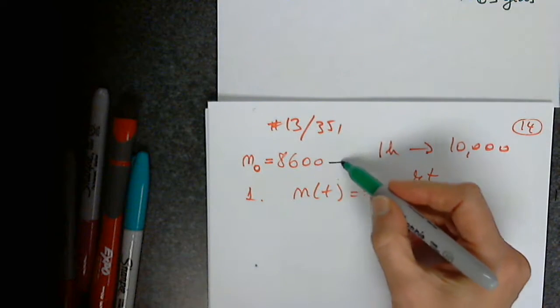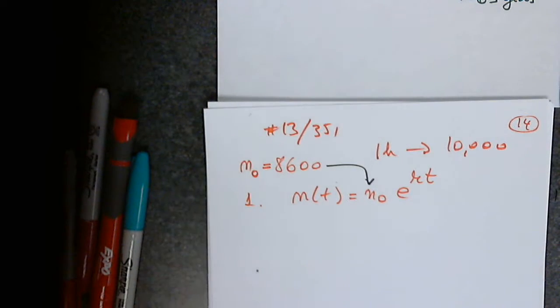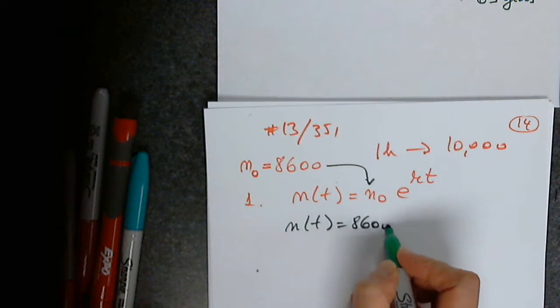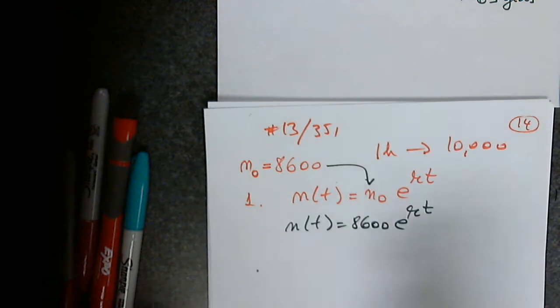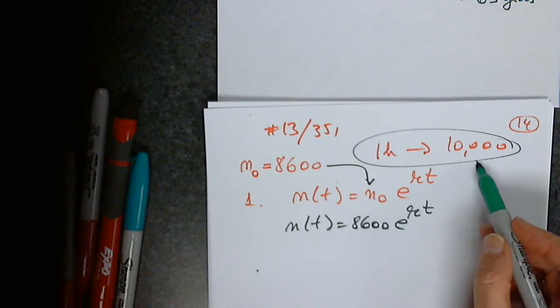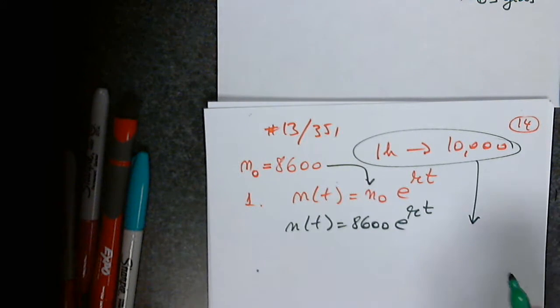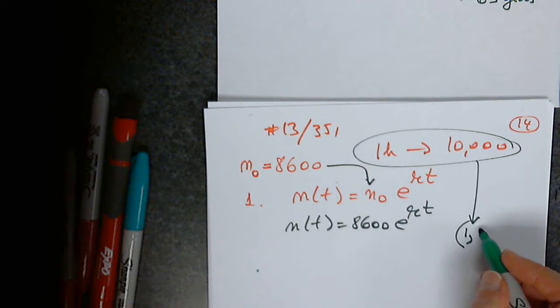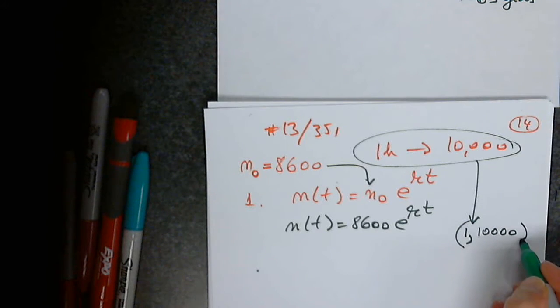So for now, I know that N of t equals 8,600 times e to the r t. That part I know. But now I have to use this. What does this say? 1 comma, when time is 1, the number is 10,000.